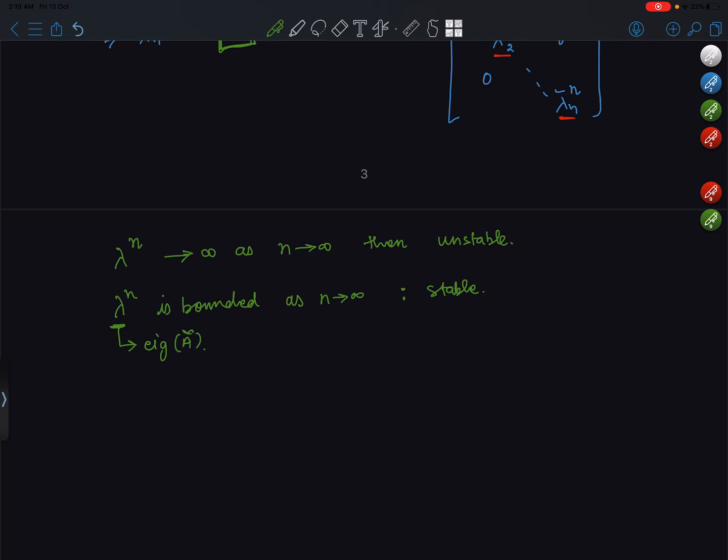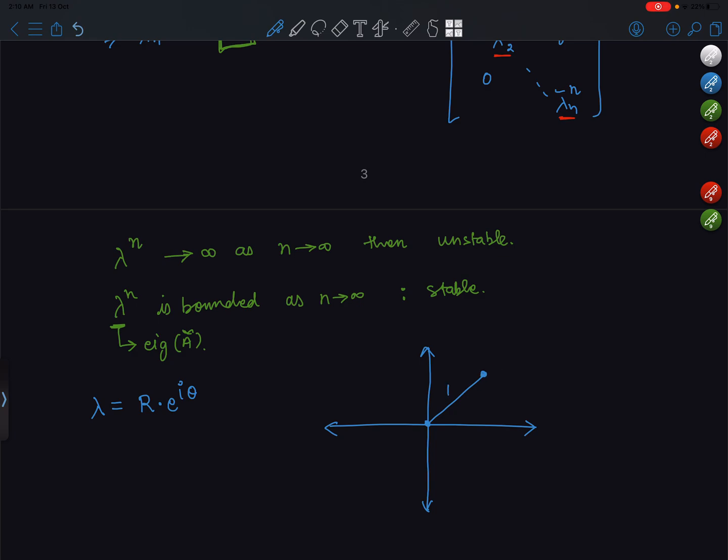Now lambda can be written as a plus ib, but any complex variable can also be written in polar form as r e to the power iota theta. So this is the good thing about complex numbers, that they can be represented in polar coordinates also.